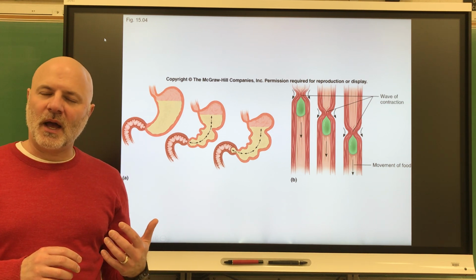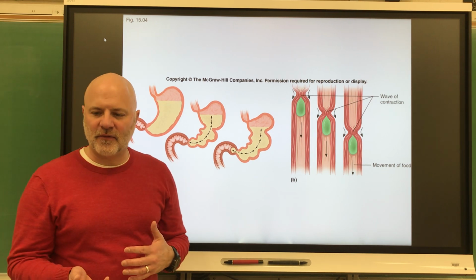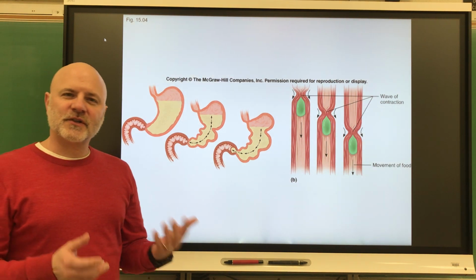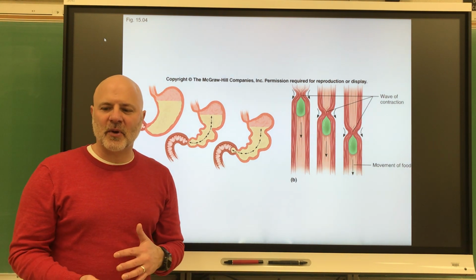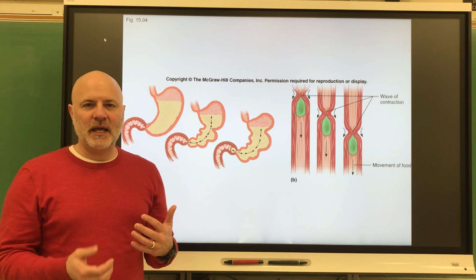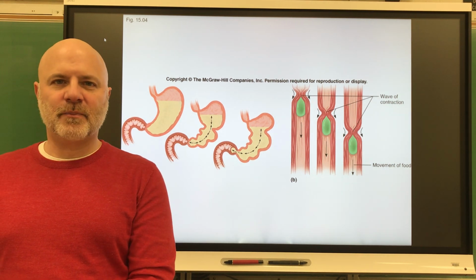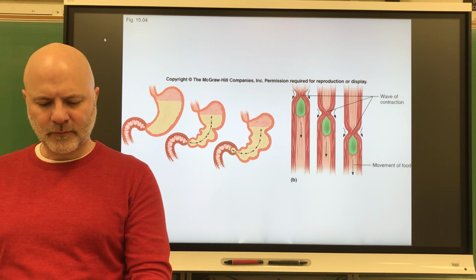We also have water there. It helps liquefy the food as well, making it easier to digest and absorb. We also secrete a lot of enzymes, and these are going to break down the food materials into smaller chemical products. Okay, so those products are easier to absorb.